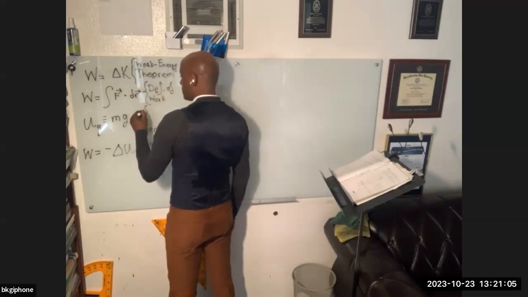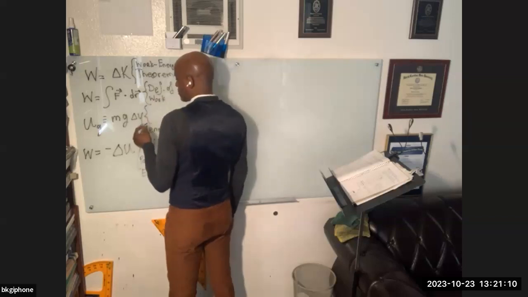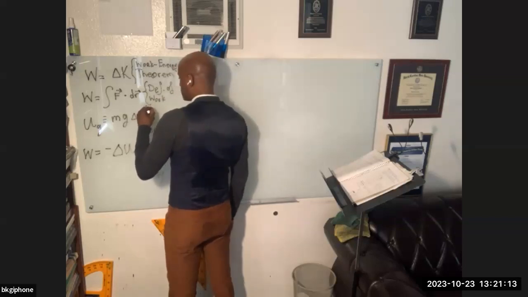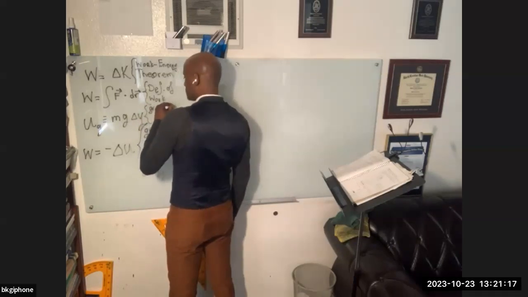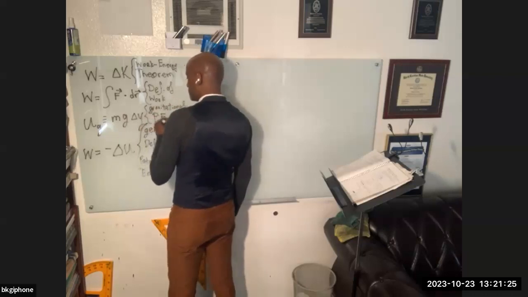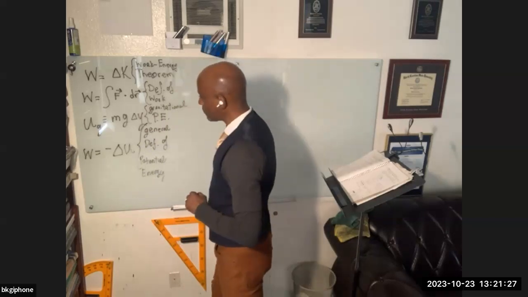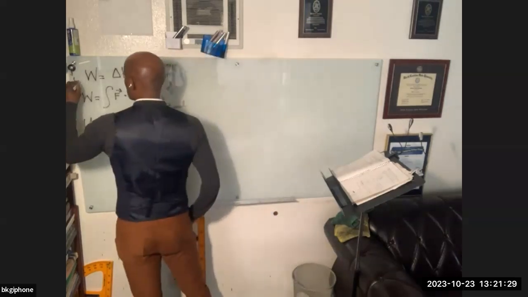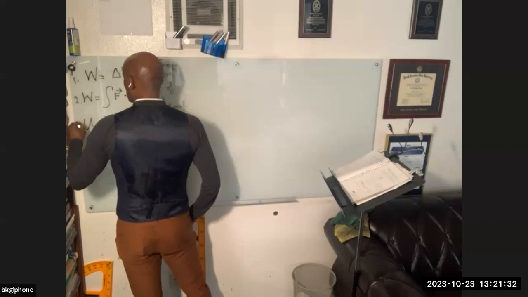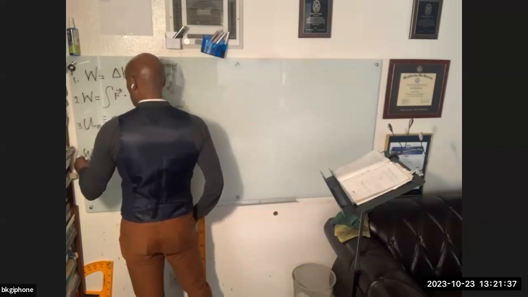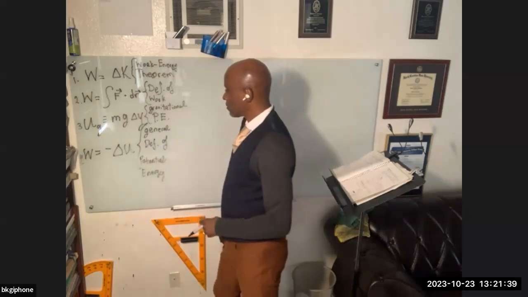And this guy is the gravitational definition of gravitational potential energy. Okay. So I definitely encourage you to make sure you know the names of these concepts and their mathematical representations as I've shown them here.